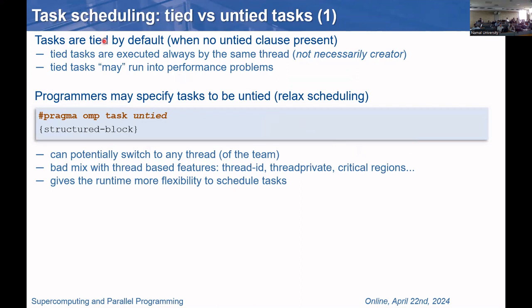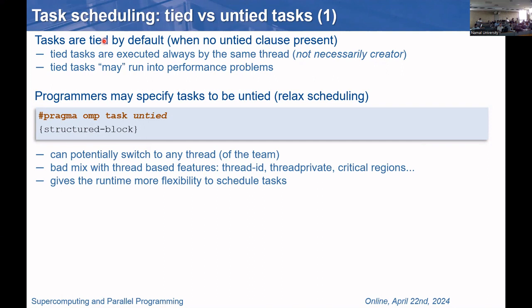Tasks by default, because we didn't want to break any of the compatibility with work sharing constructs, and this made us try to avoid that tasks can switch threads, because there are a number of things that get broken if we move a task from one thread to the other, which was not happening in plain OpenMP with parallel for or parallel sections.